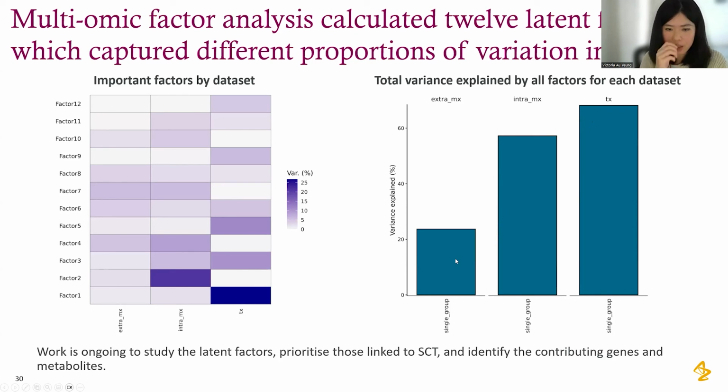And moving forward, it would be interesting to see what different covariates these latent factors are correlated with. We can also prioritize those linked to SCT, and we can identify the contributing genes and metabolites in those latent factors, which could be important for SCT assessment in the future.